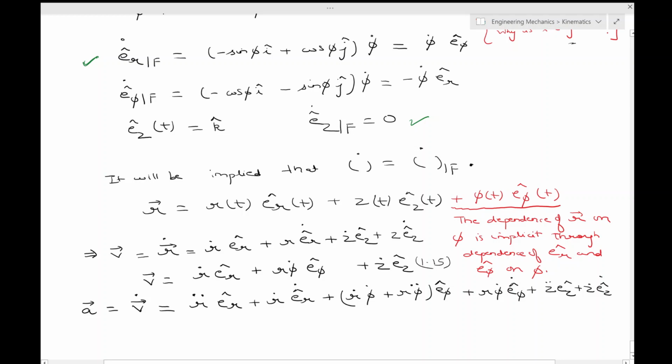Now you have to use the simplifications above, I mean this one and this one.